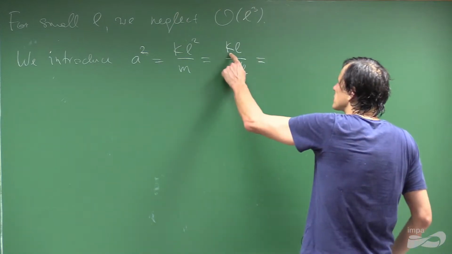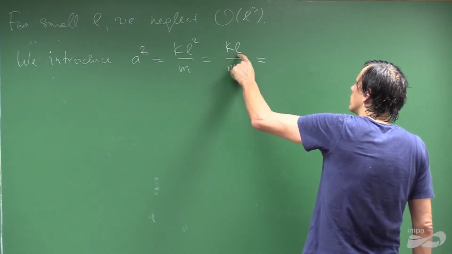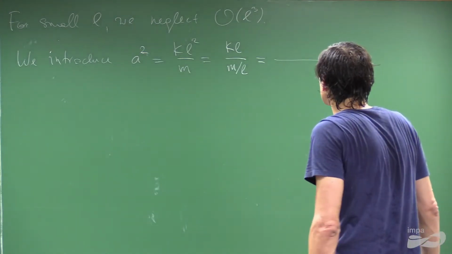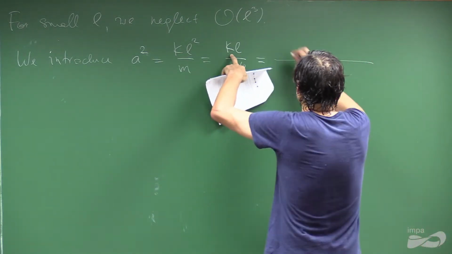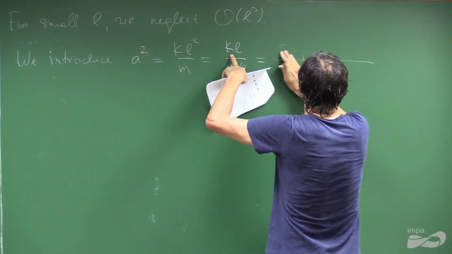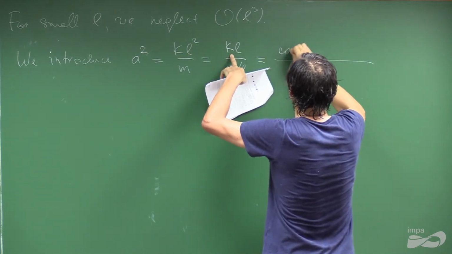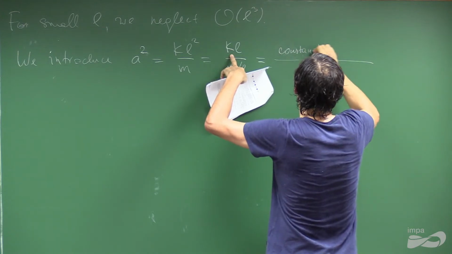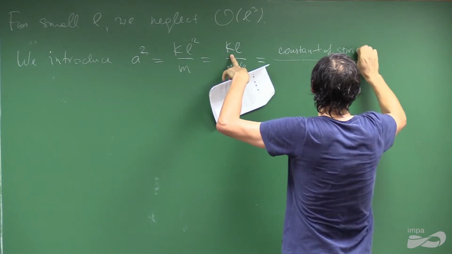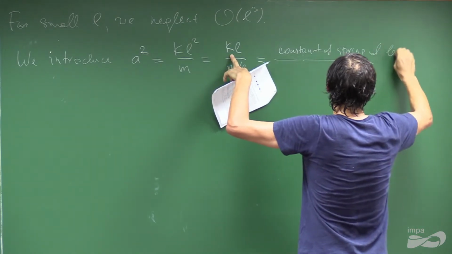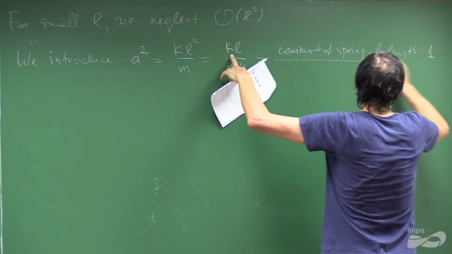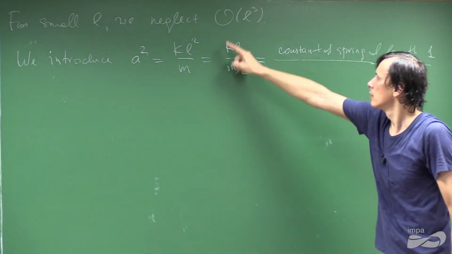When you multiply the spring constant by length, you may remember from the school course of mechanics that this becomes the elastic constant of a spring of length 1. So this is kind of a normalized spring constant.